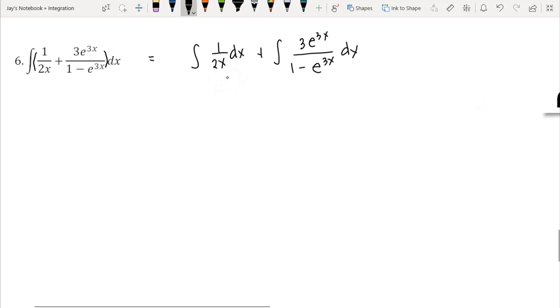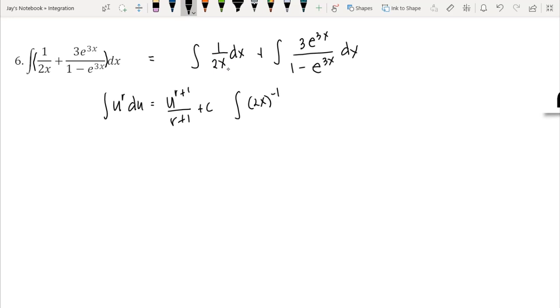So you might think that we could use power rule to this, such as we have u^r du that equals u raised to r plus 1 over r plus 1 plus c. By moving 2x in the numerator, we have 2x raised to negative 1 dx. So therefore, in this case, our r is negative 1.